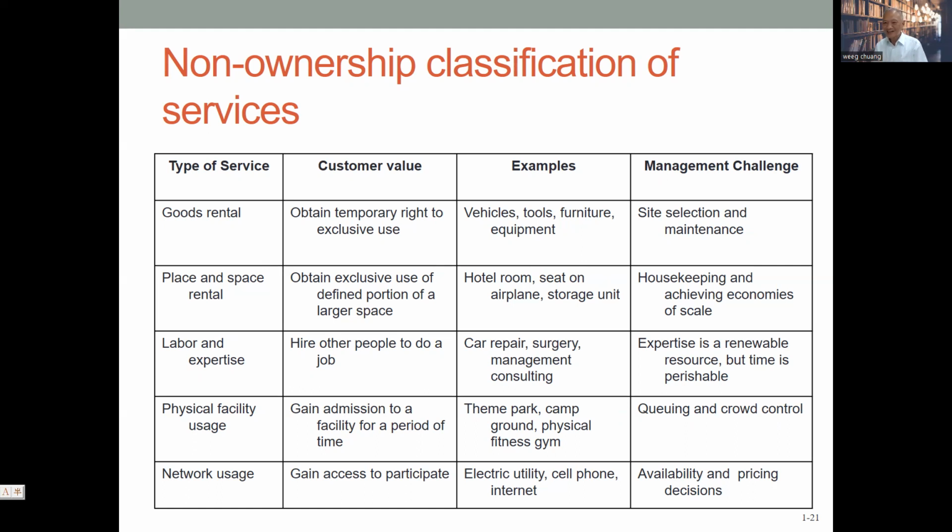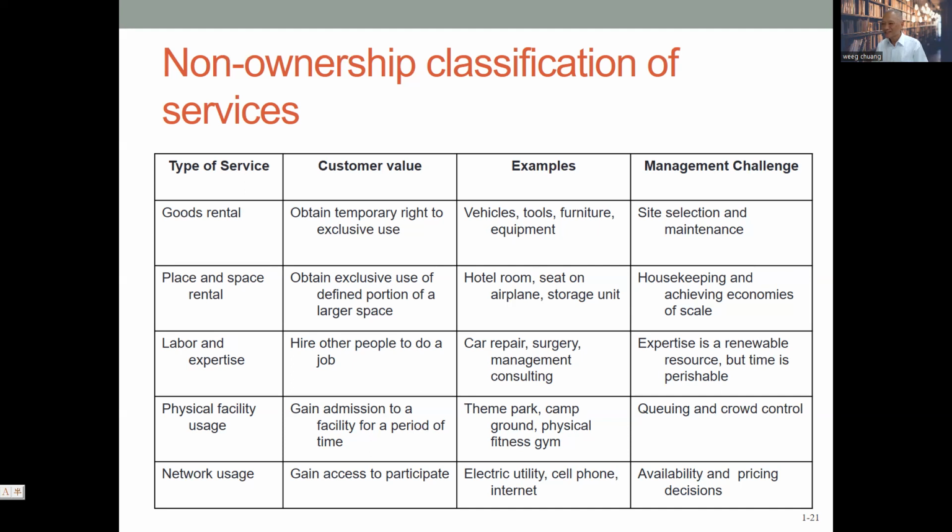And the next non-ownership service is physical facility usage. It creates customer value by gaining admission to a facility for a period of time. Examples are theme park, campground, and physical fitness gym.